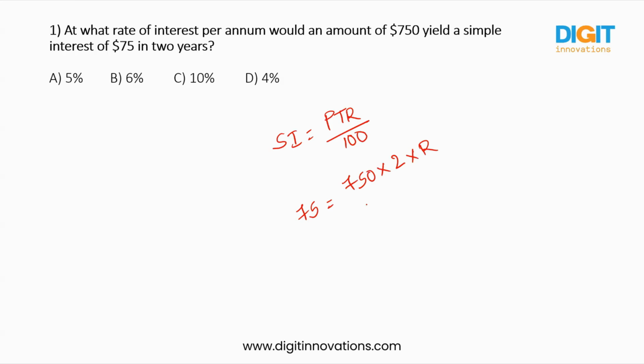So rate of interest we need to find, by 100. The zeros will get cancelled, 2 ones, 2 fives. When I take this value to this side, 75 into 5 by 75 will get cancelled, R equals 5%. So the answer is option A.